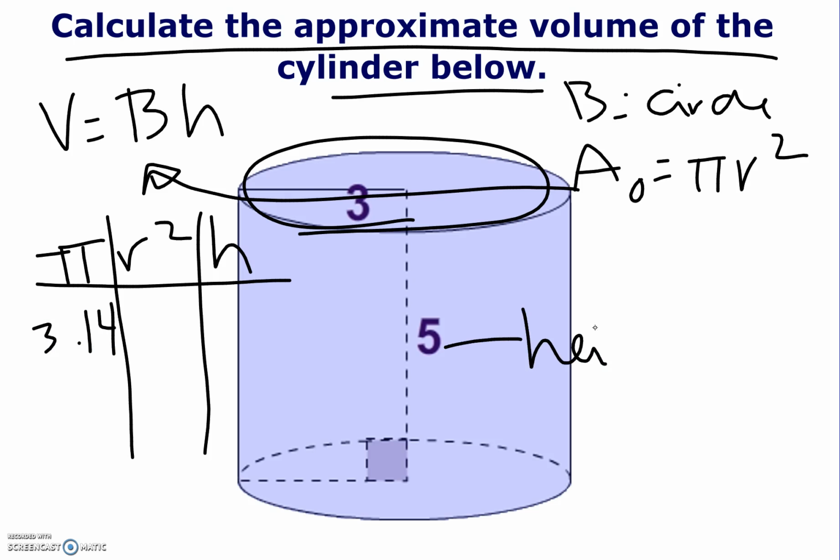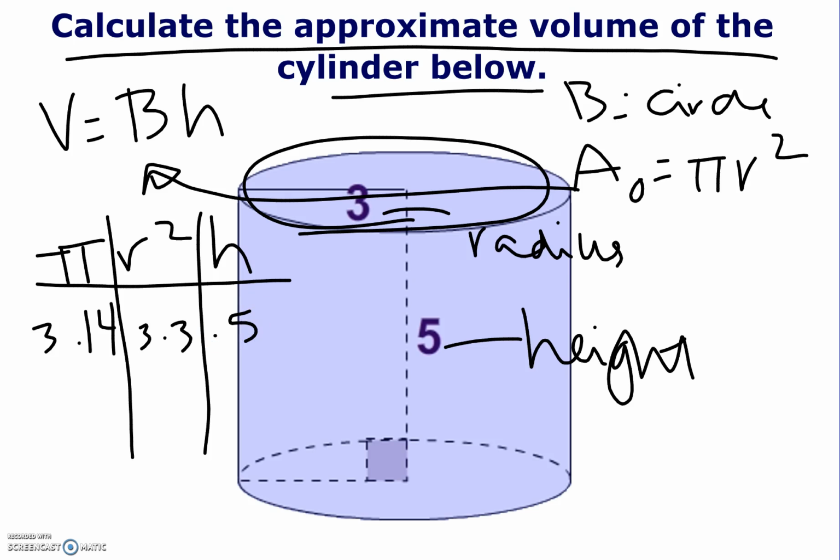I know this is my height. I know this is a radius because it only goes halfway. So 3 times 3 times the height of 5. So now use a calculator and multiply all the way across. 3.14 times 9 times 5. 3.14 times 45.